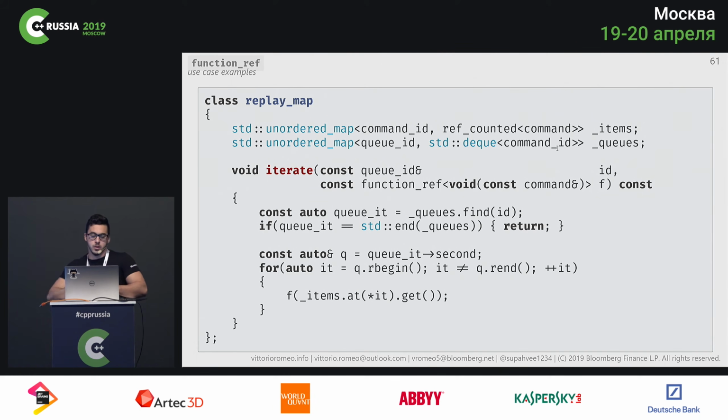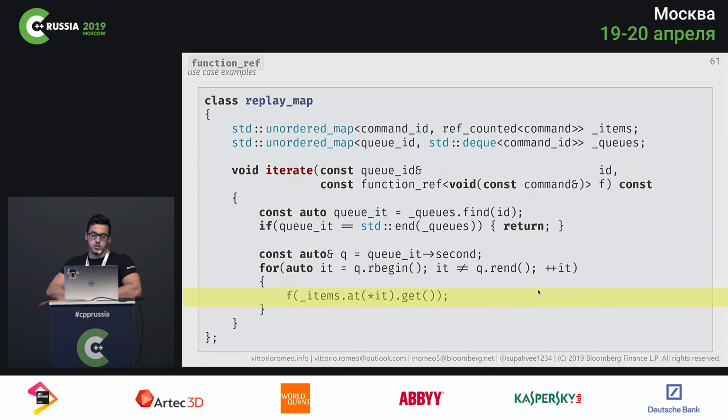So what we ended up doing is use function ref over here, and we say, OK, we have this iterate function. You give us the QID and a function ref that processes the commands, and then we guarantee that every command is going to be processed as part of the function ref invocation. So the way it works is that we find the queue, and then we iterate over all the elements in reverse, because we want to simulate the exact order in which the user performs the command.